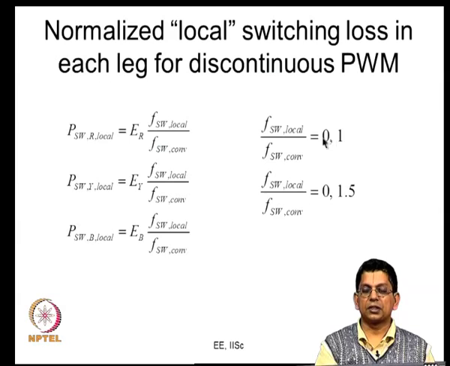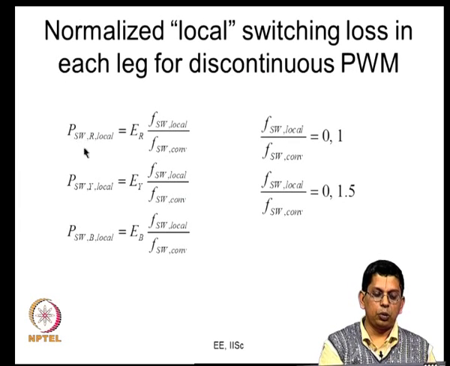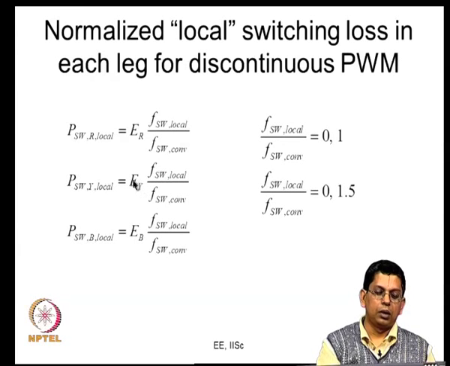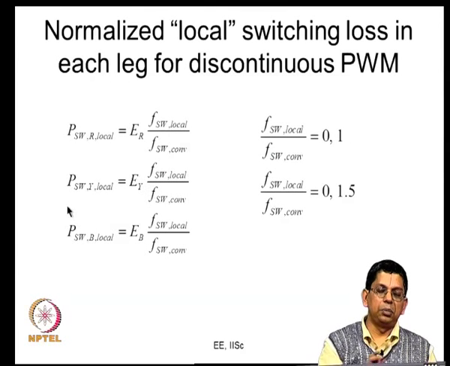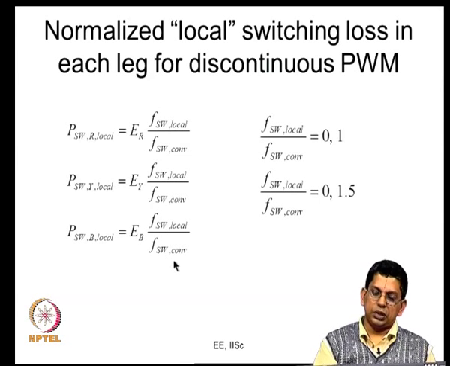For example, if R phase is clamped, then PSW R local will be 0. Y and B may be switching at the same carrier frequency, so EY and EB are essentially multiplied by 1. So this is when it is clamped, and when it is not clamped it should be 1.